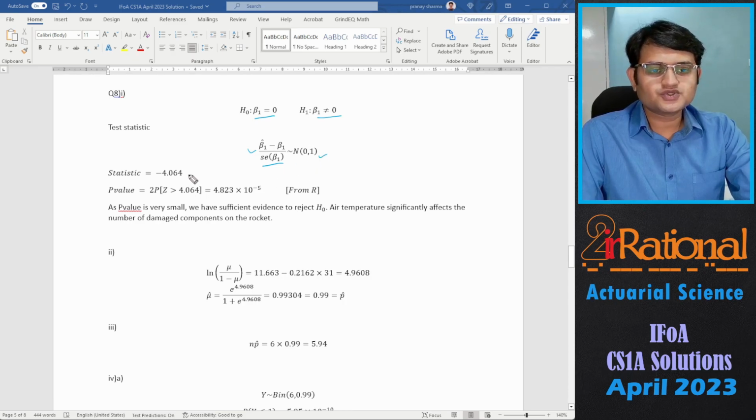The statistic is going to be minus 4.064, and p-value would be very small. So as the p-value is very small, we have sufficient evidence to reject H0. Air temperature significantly affects the number of damaged components on the rocket.